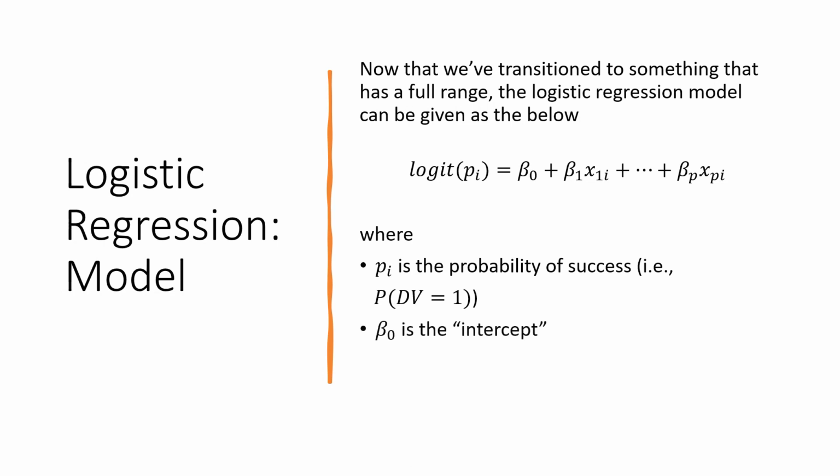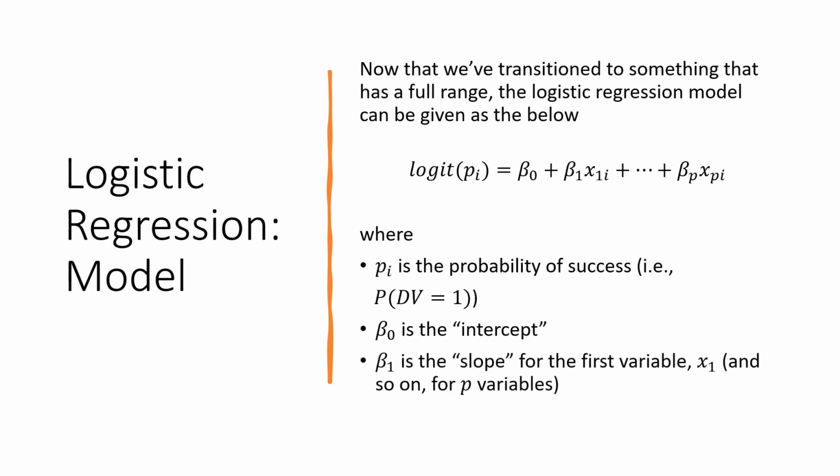Beta 0 is still the intercept. That is, it's the value of the left-hand side of the equation, the log odds of the probability, when all of the other variables are 0. And beta 1 is the slope, in a sense, of each of the independent variables. Now, I say slope in a sense because this slope is not particularly meaningful.